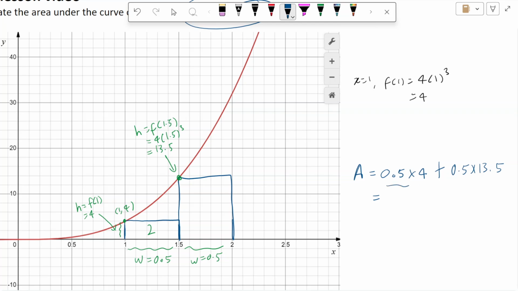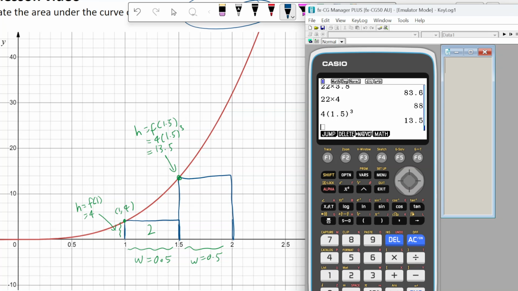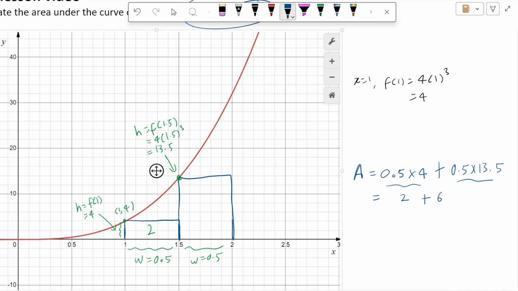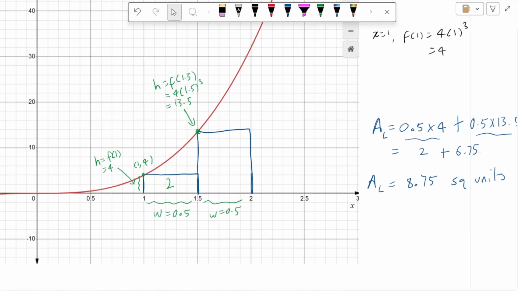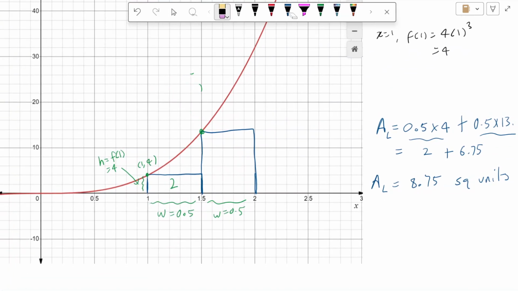So the area of that first rectangle was 2, and the next rectangle, 0.5 times 13.5, you get 6.75. So that area is 8.75 square units. And I'm going to call this area L for lower area. Okay, so we'll get rid of all this.